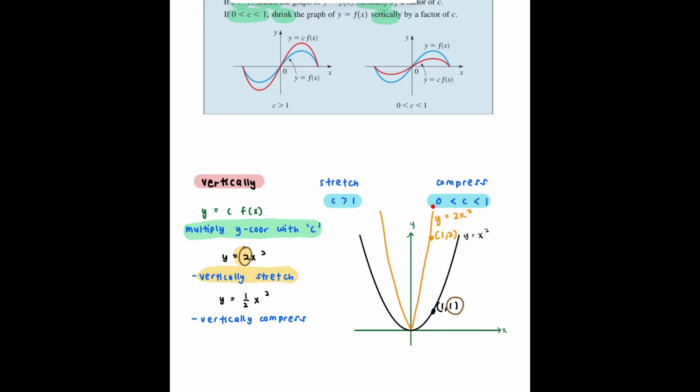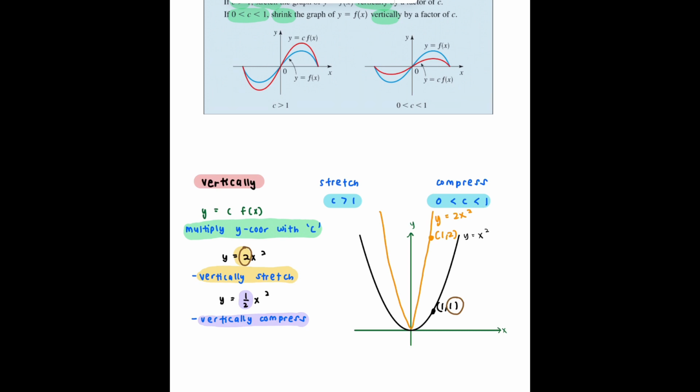What happened when your C is in between 0 and 1? For example, your C is half. So your graph will be vertically compressed. So how is the graph vertically compressed? Imagine that you compress your graph. So your graph will be here.